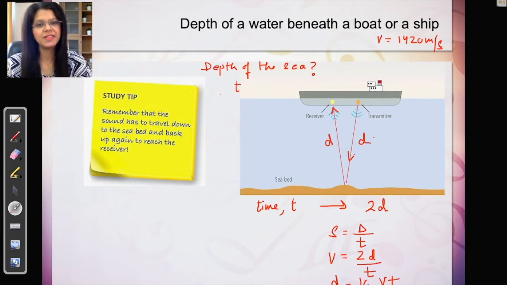If you know the speed of the sound in the water, and the time taken for the signal to leave the transmitter, bounce back and be received by the receiver, you can calculate the depth of the seabed. The formula is simple. Depth D is half VT, where V is the speed of the sound in the water.